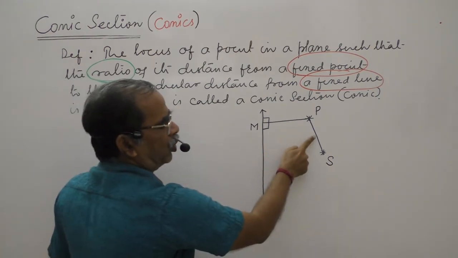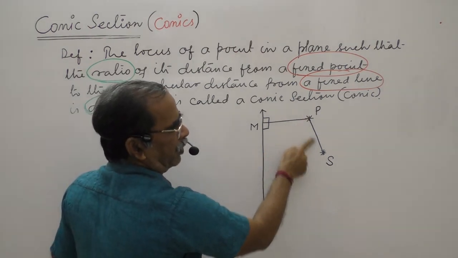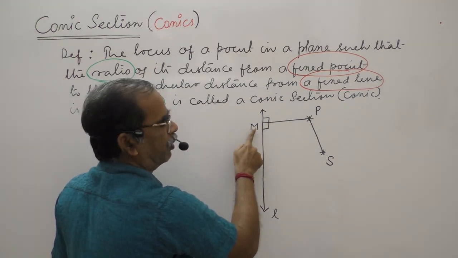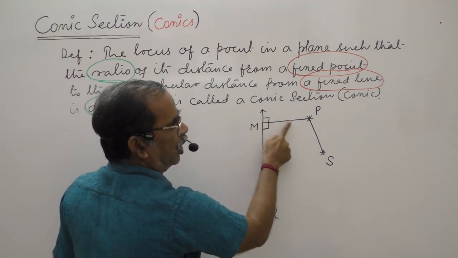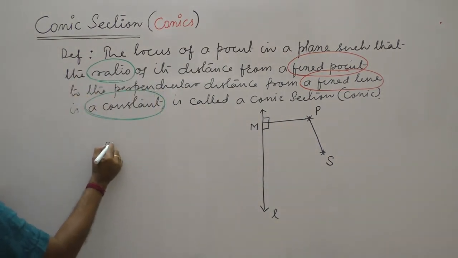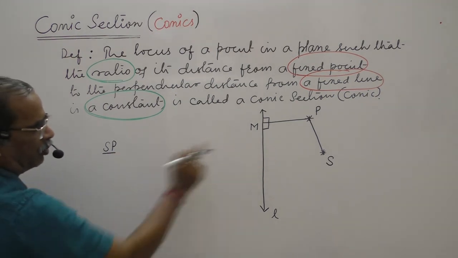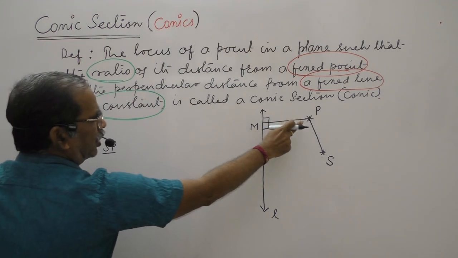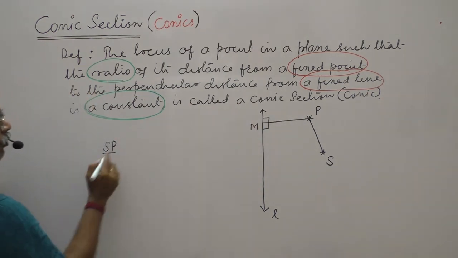So the ratio of the distance from a fixed point to the perpendicular distance from a fixed line: the distance of the point P from the fixed point is SP. The distance from the point to the fixed line is PM.